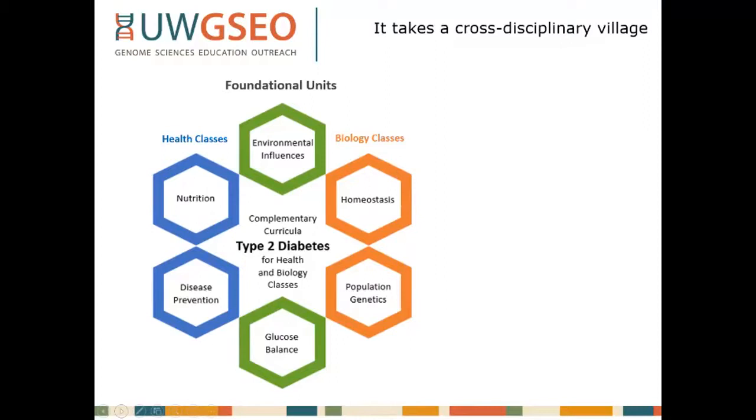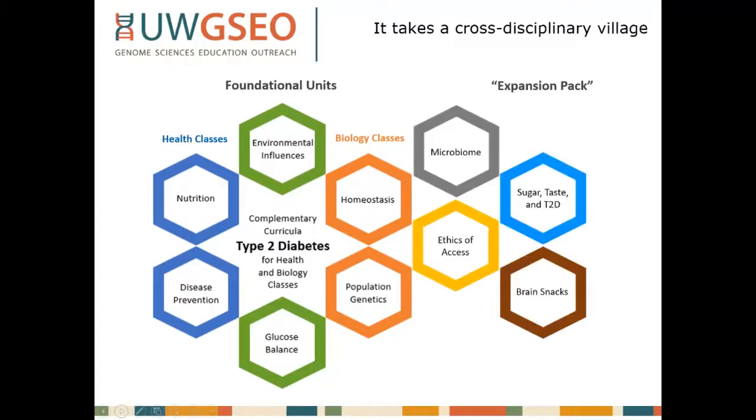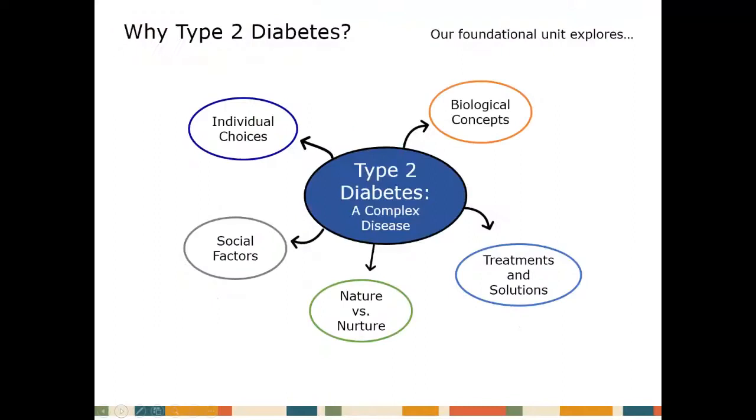What we're showing you during the month of March mostly is what we call our expansion pack. The expansion pack is a new set of lessons that build off of these foundational units in a slightly different way. So tonight is the microbiome. We've got sugar taste and type 2 diabetes, the ethics of access, and then brain snacks, which goes on from there.